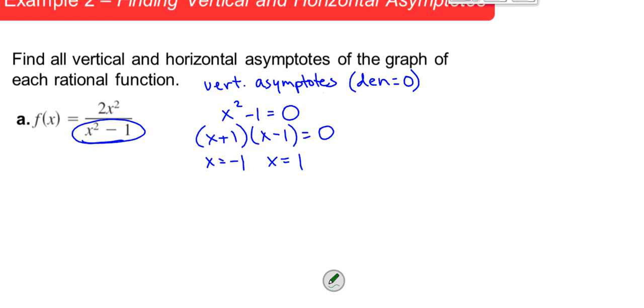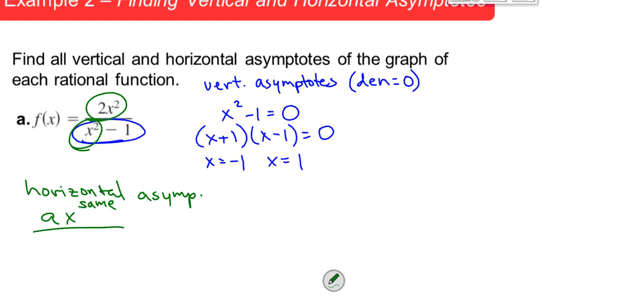Then to find our horizontal asymptotes, we have to look at these powers. And so we're looking at the leading coefficients. If they happen to be ax to the same power over bx to the same power, the asymptote is going to be at y equals a over b.